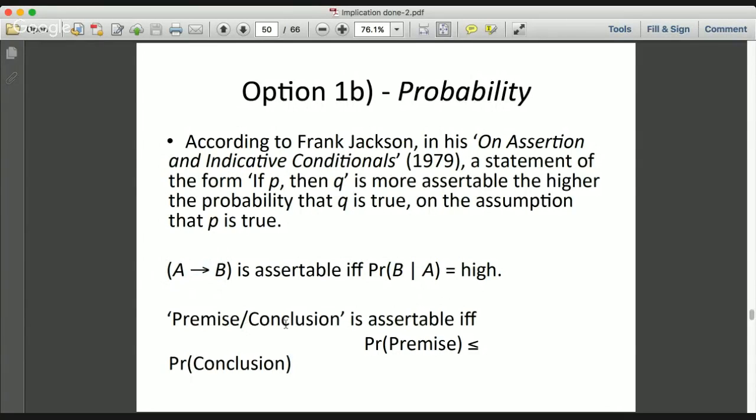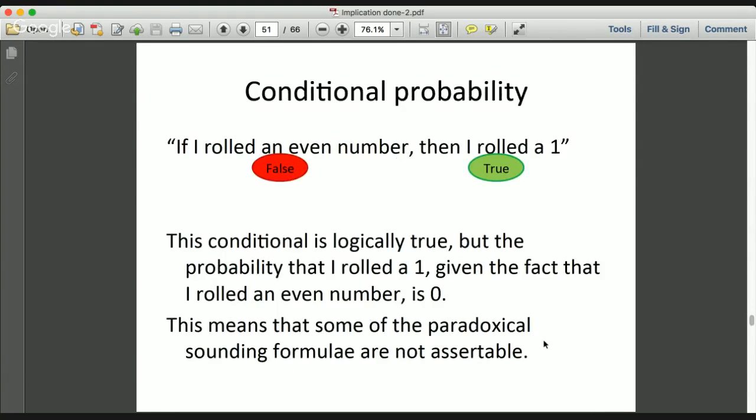So premises and conclusion is assertable if the probability of the premise is lower than or equal to the probability of the conclusion. So the premises don't lower the probability of the conclusion. They are, in fact, themselves lower than the probability of the conclusion. That's his answer.